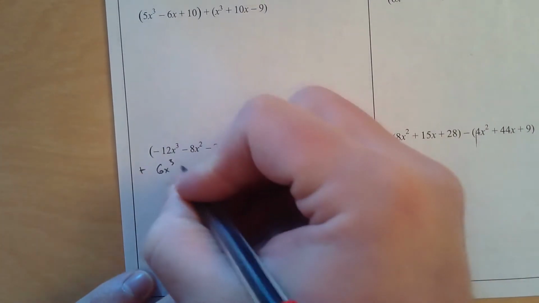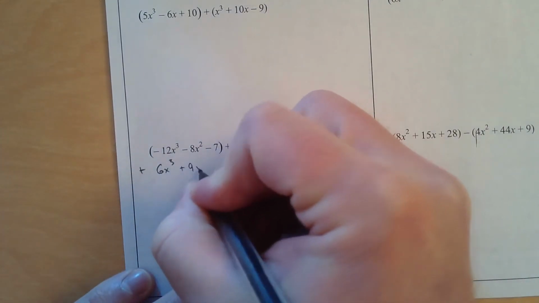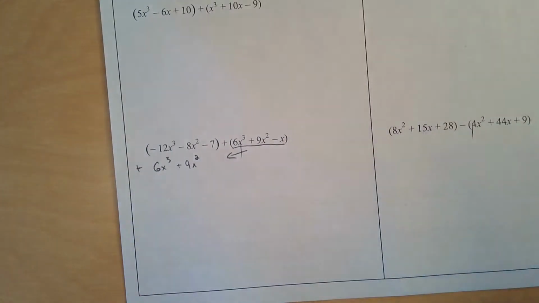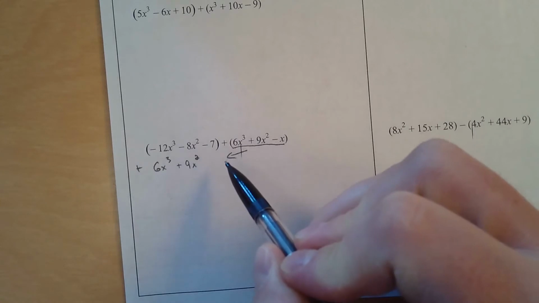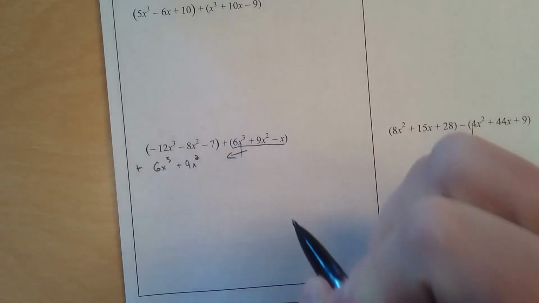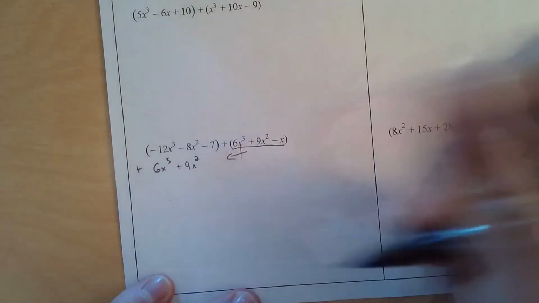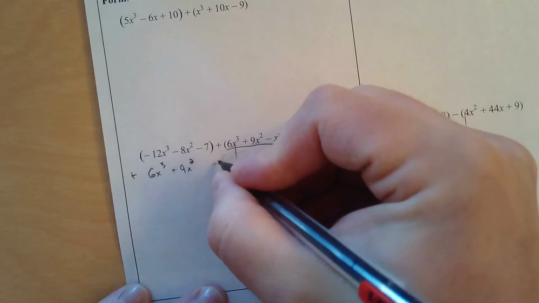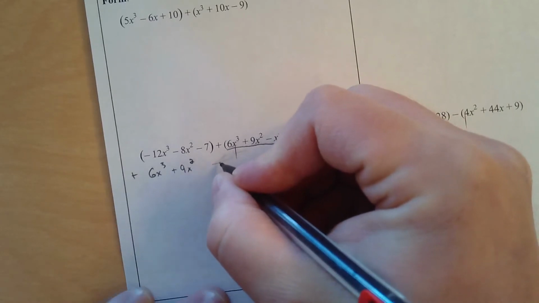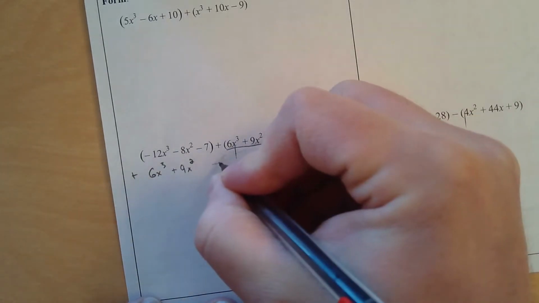And then I'll put the 9x squared under the negative 8x squared. And then negative 7 and negative x aren't like terms. So we want to be careful there. Let's not add those together. Maybe I'll put the negative x out on its own here so we don't get confused with that.